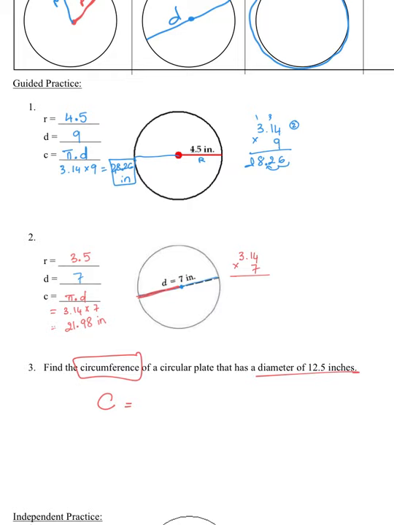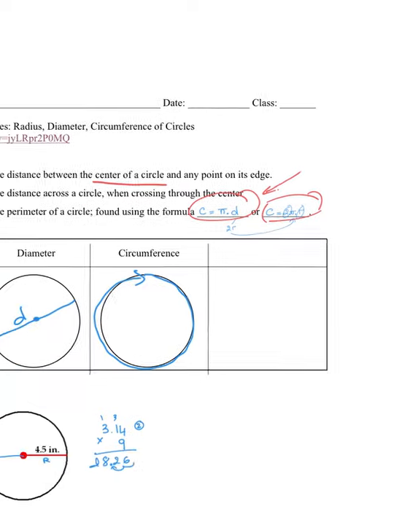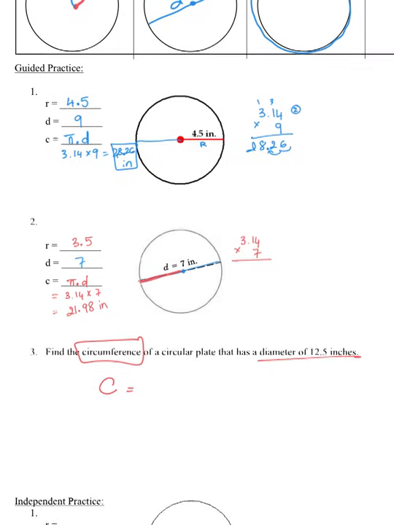There's one that has diameter up here and one with the radius. I will choose the one that has the diameter. So pi times diameter, 3.14 times 12.5.